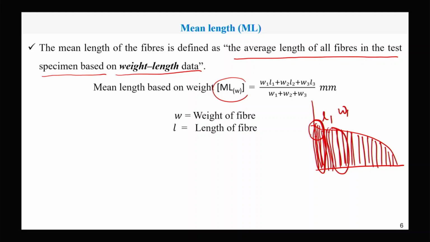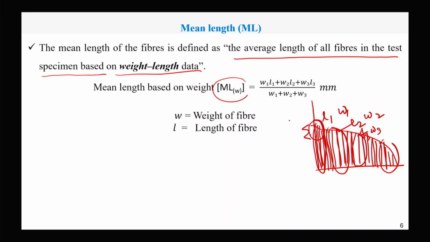This length class will be say L2 and we take the weight W2. In this way we keep on doing W3, the length class is L3, and we can divide into different length classes.